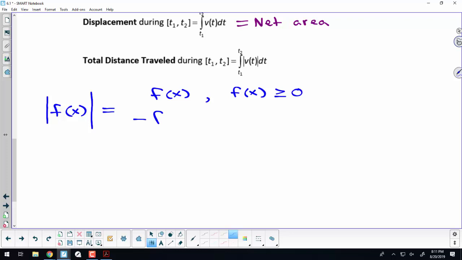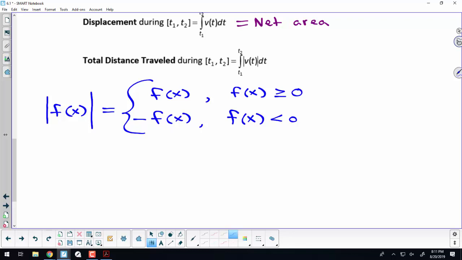So it's the negative of f of x when f of x is less than 0. Do y'all remember the absolute value functions? Usually you see the absolute value of x right here. Okay? So again, that's just reinforcing what we already did above, where we had the negative area. We had to attach a negative in front of it to compute this.